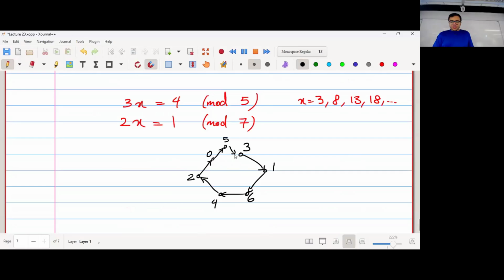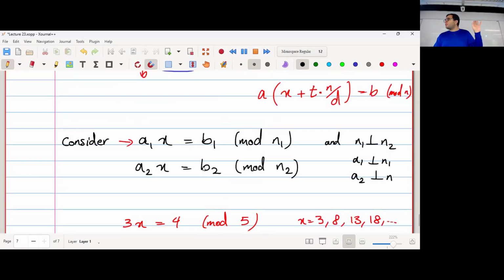So when I'm starting with some number and adding N1 every time, this is going to be a cycle that contains all of the remainders modulo N2. So I'm going to get all of the numbers here, including this number B2 that I'm looking for. So I'm going to find a solution that satisfies both of these. A1x is equal to B1 and A2x is equal to B2.